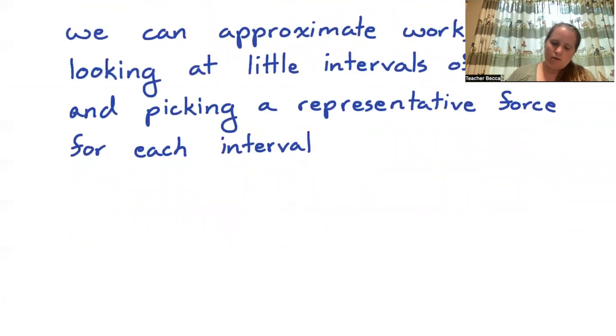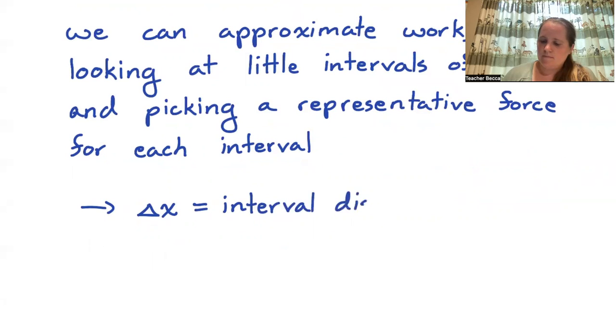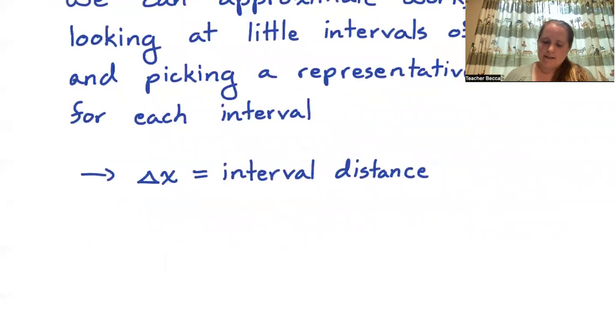So if delta x is the width of our little interval distance, we pick xi in each interval.